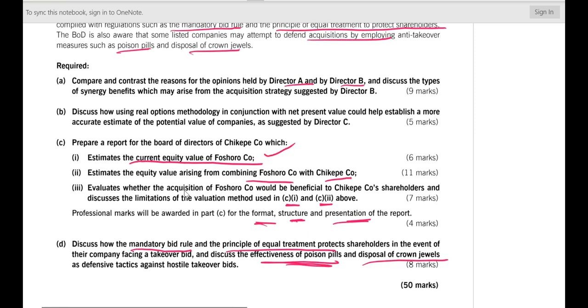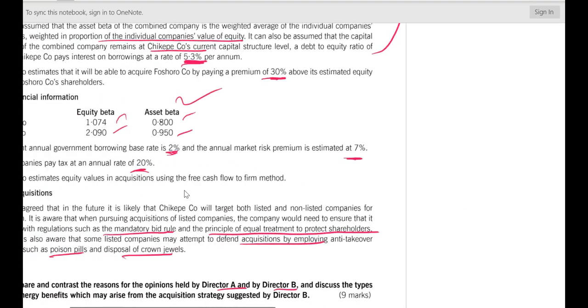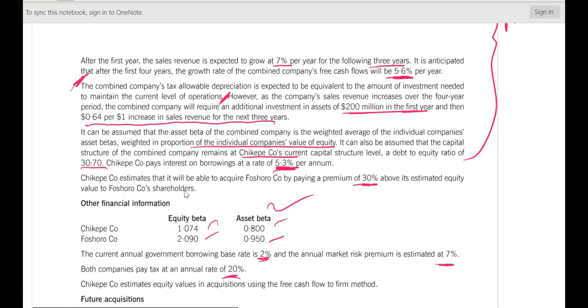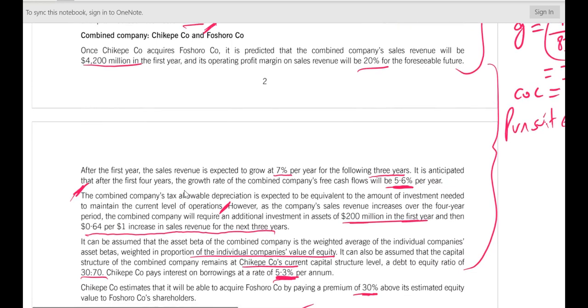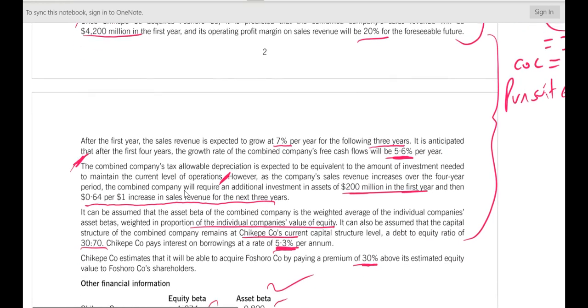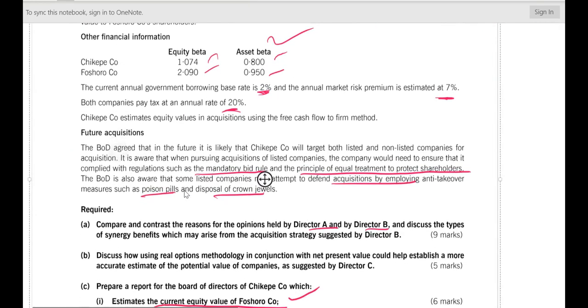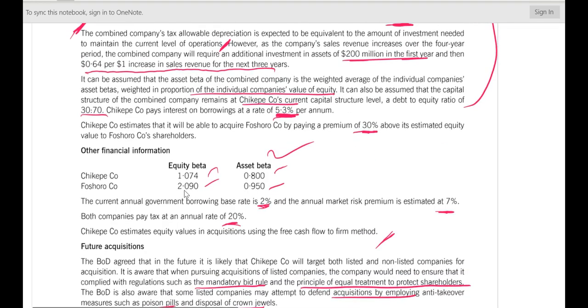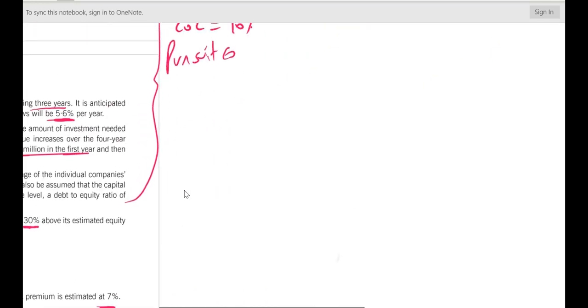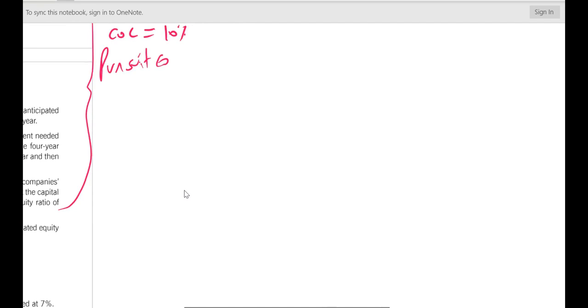Now calculate the combined market value of both the target and the acquirer. So let's calculate here, and if we go through this data from here to here, we will analyze that we need to make the free cash flow to the firm pro forma of 4 years.